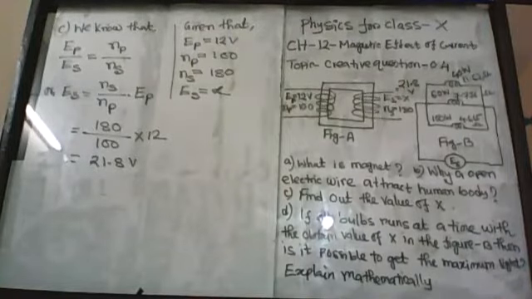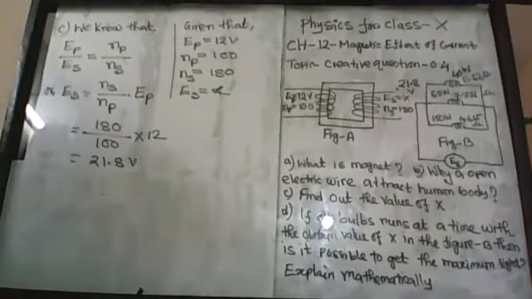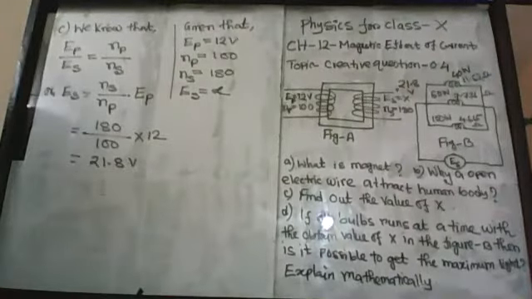Okay? Now, boys and girls, I'm going to solve question number D. It's a very important question. I think this is a very complex question. So let's have a try.